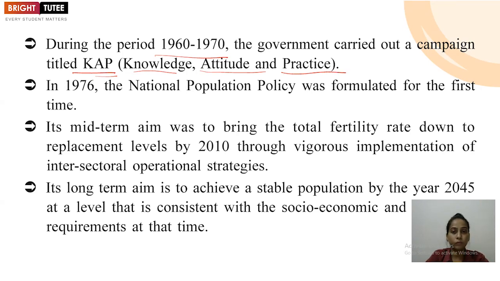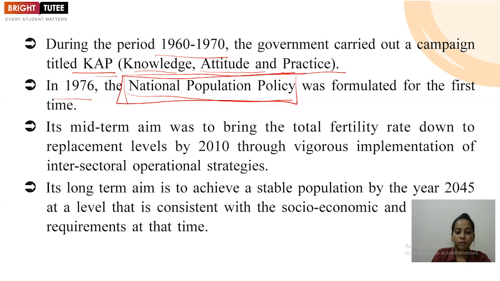This program was started just to make the people aware about family planning, so that somewhere they can be made aware and the population could be controlled. In 1976, the National Population Policy was formulated for the first time. So they started the National Population Policy, because earlier the name given was family planning.